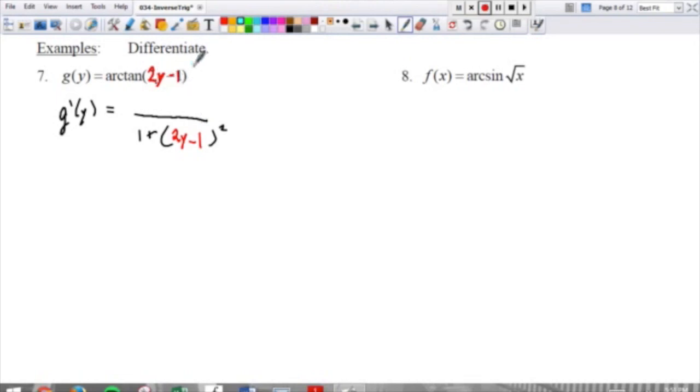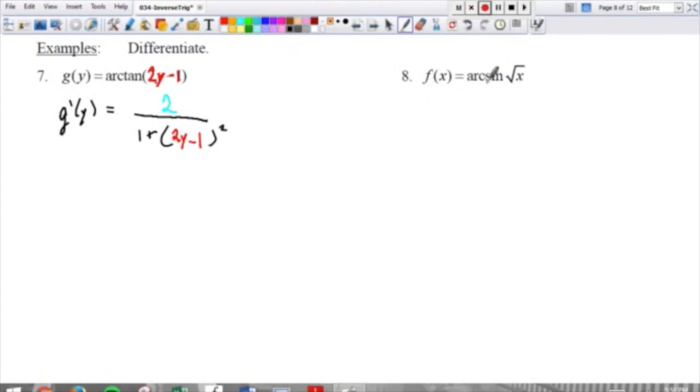And if you cannot quickly differentiate that, you might not be eligible for the BC. You might not be able to do it. 2y minus 1, differentiating with respect to y, because this is a function of y, 2. And again, if you're mystified by that, you might not be in the right spot. You might not want to take the BC test.